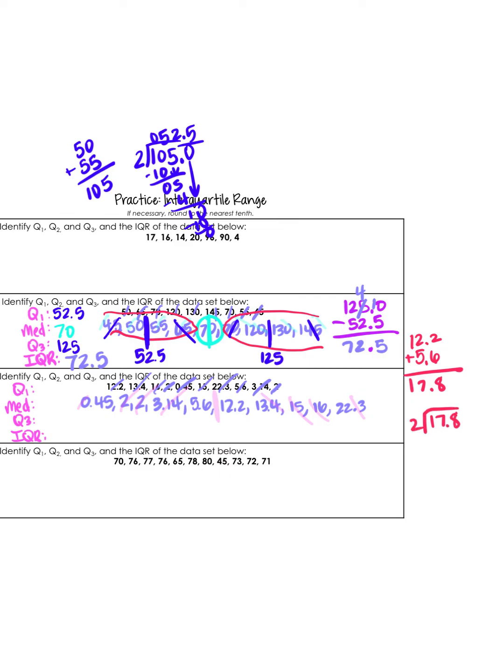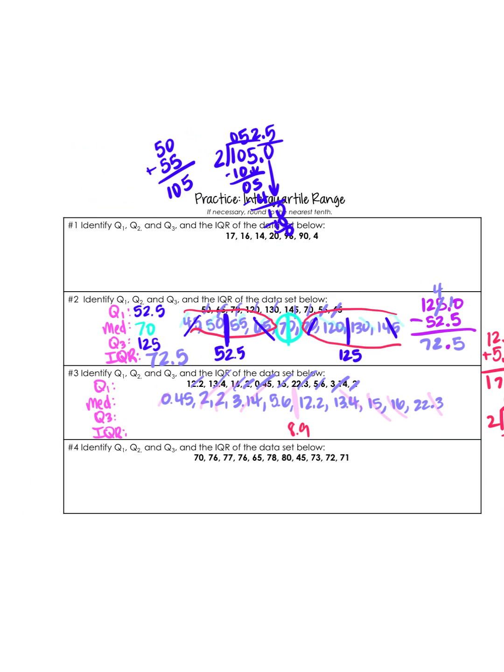So I bring the decimal straight up and then I can just ignore it. 2 goes into 17, 8 times, which is 16, subtract. I'm going to bring that 8 down. 2 goes into 18, 9 times, which is 18. So this is going to be 8 9/10. So I found the median, but I really didn't need that to find my Q1 and Q3.